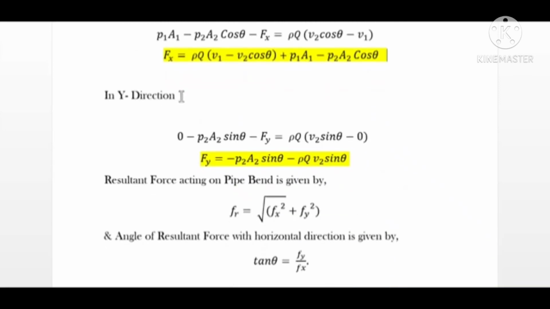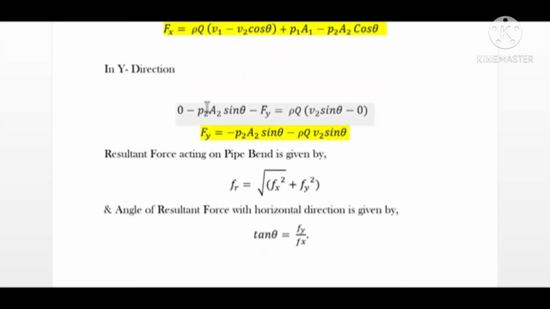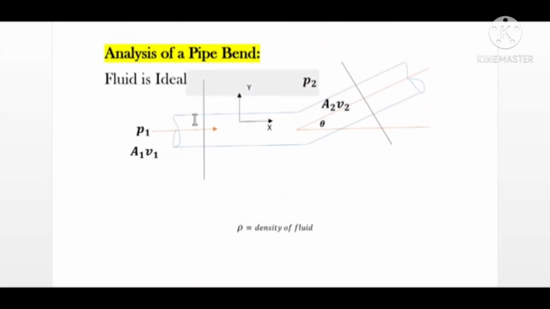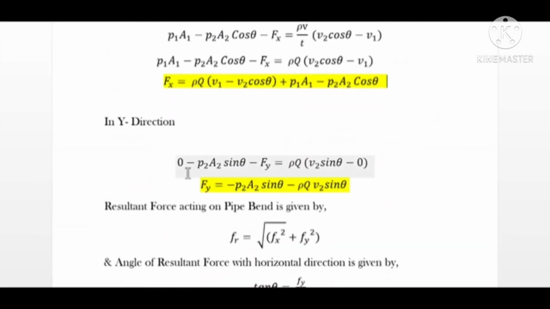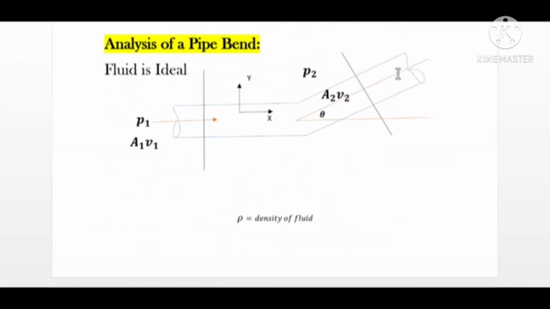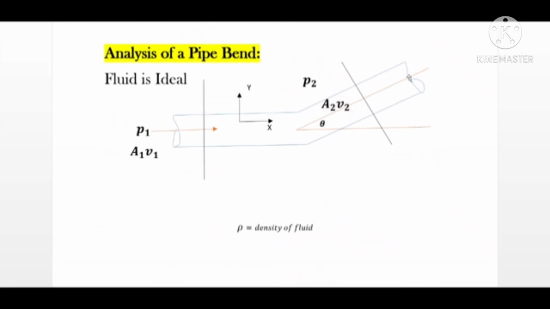Now in the y direction, for section 1 we won't have any pressure component in the y direction because here we have flow in the x direction only. So the pressure in the y direction will be equal to 0. That's why we have written 0 over here. And in the y direction we will have a component of pressure P2, and that will be strictly acting downwards.